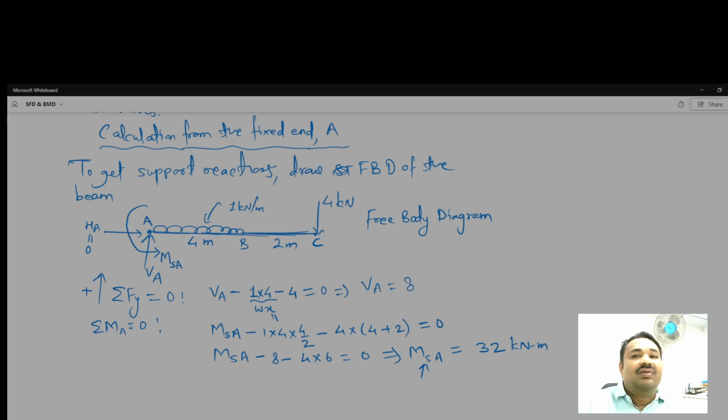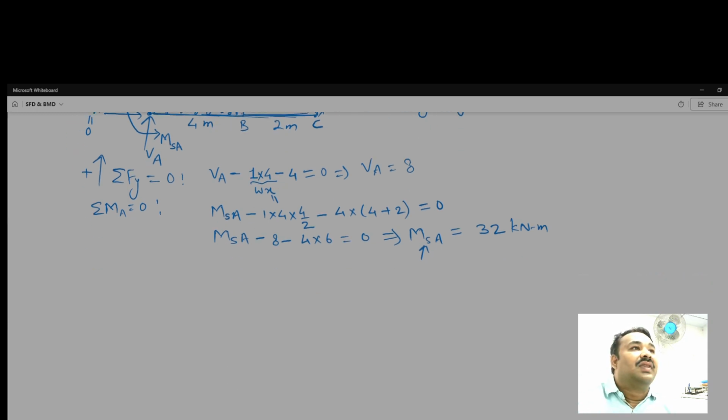Now next we have to start our calculation for the shear force and the bending moment. So for the shear force calculation, we have to opt the sign convention. And what is the sign convention?